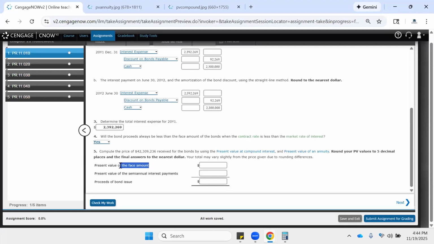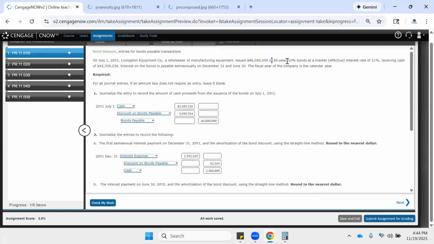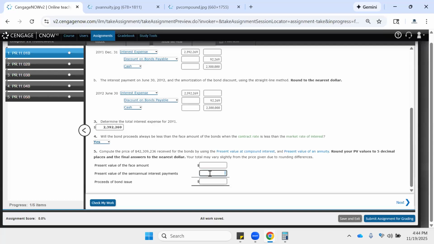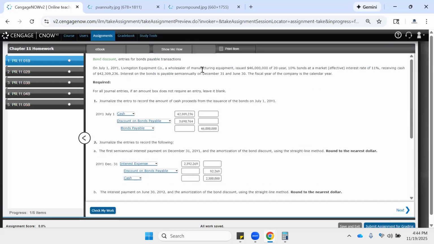The face amount cash flow is 46 million, and that's going to be paid as a one-time payment after 20 years. And so we have to discount that at 11%. Because this pays semi-annually, we need to compound the interest rate of 11% 2 times per year.